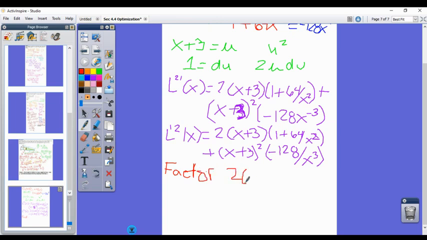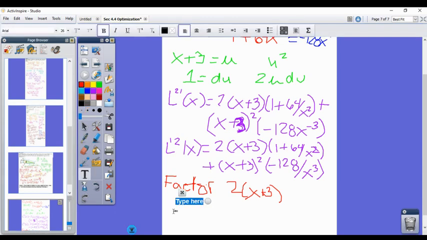Okay, so we're going to factor out a 2x plus 3 from both the beginning and the end portion, which gives me 2x plus 3 times 1 plus 64 over x squared minus 64 times x plus 3, all divided by x cubed.